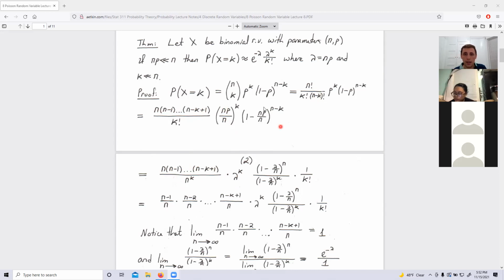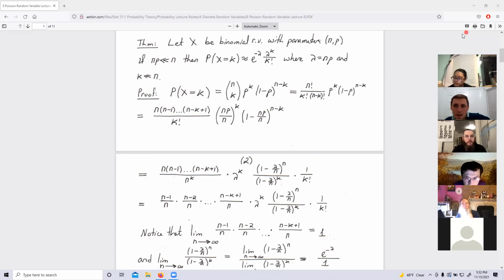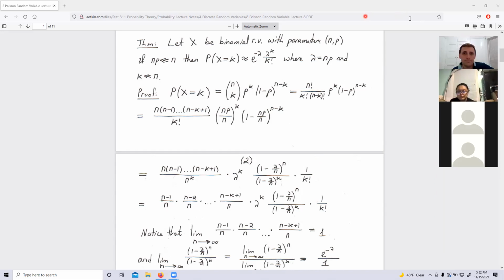And what do we have here? This is simply 1 minus lambda over n to the power of n, divided by 1 minus lambda over n to the power of k. And the k factorial, here it is. I just moved it. With me? Yes? Wonderful. And what next?